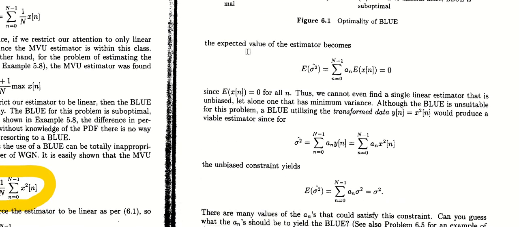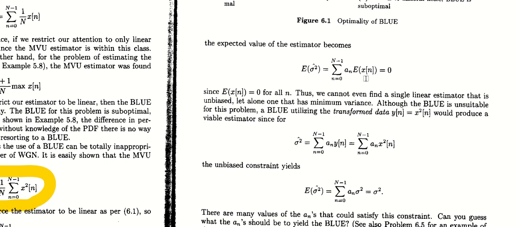So let's take a look at what's going to happen if we take it to be linear. Then you take the expected value of the estimator, then it becomes 0, no matter what a_n is. Be aware that a_n is not going to change the expected value. So for this expected value to be 0 for all n, we cannot even find a single linear estimator that is unbiased.